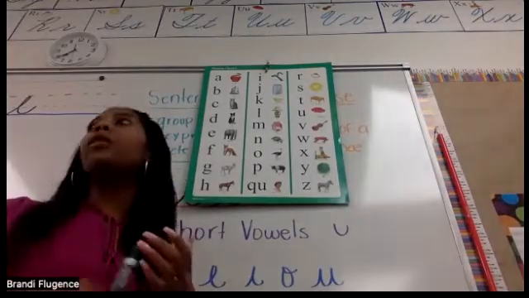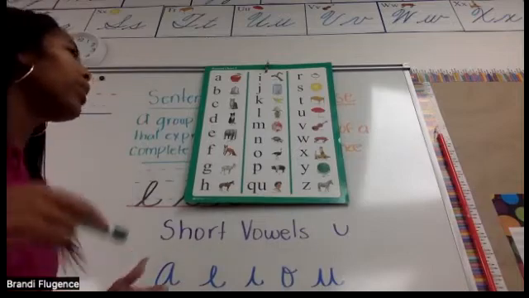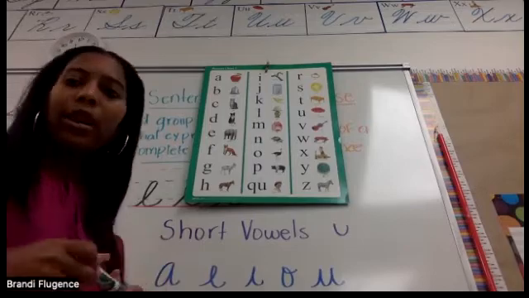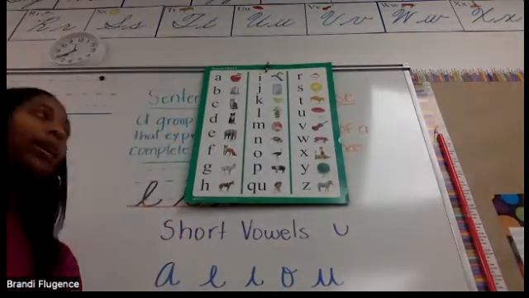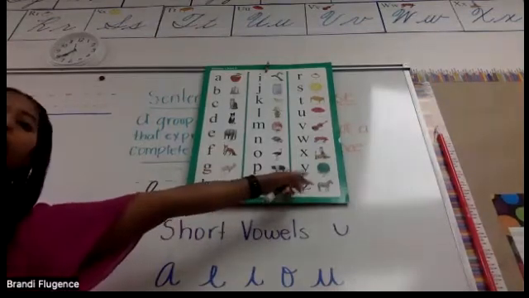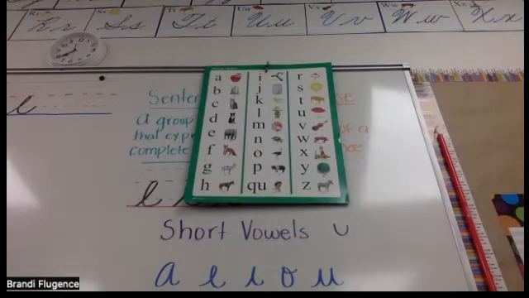V says v, violin. W says w, wagon. X says x, fox. Y says y, yarn, and Z says z, zebra. Okay, awesome.